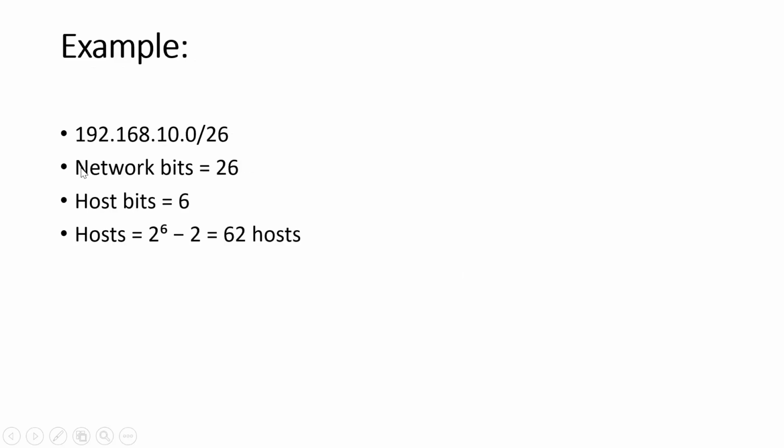For example, 192.168.10.0/26 means network bits is equal to 26 here, so host bits equal to 6. To find the total number of hosts: total number of addresses minus 2. Here host bits is 6, so 2 power 6 minus 2, which is equal to 62 hosts.